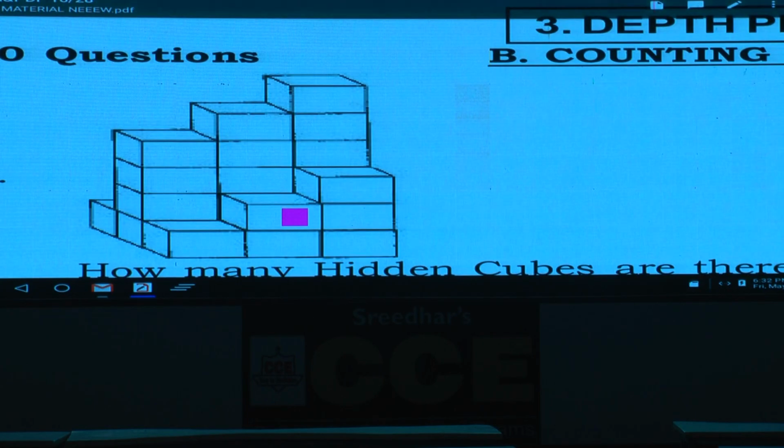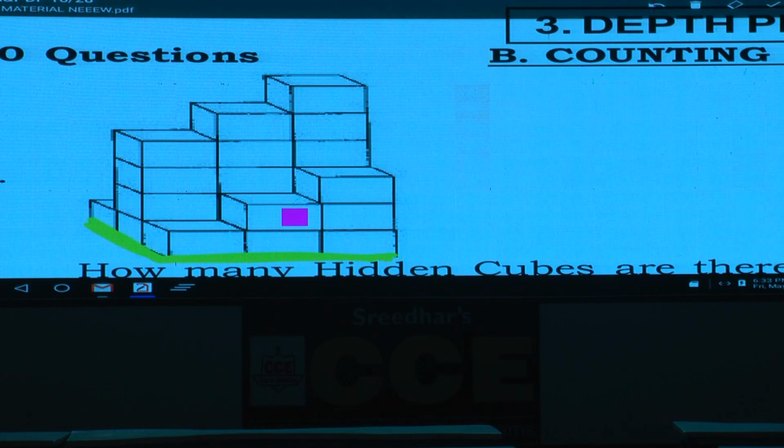Now this is the diagram. Let us discuss this diagram. Tell me how many cubes are there in this diagram? In this axis we first have to always check. Along this right-hand side there are 3. Here also there are 3.